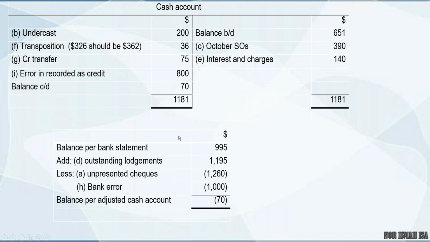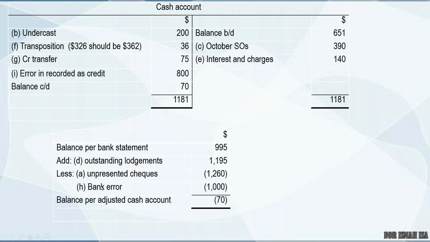As for the bank statement, we take the balance of the bank statement, which is 995. We have only 2 items that appear in the cash book but not in the bank statement, which are the outstanding lodgement and the unpresented cheque. For the outstanding lodgement, we add, and the unpresented cheque we minus.